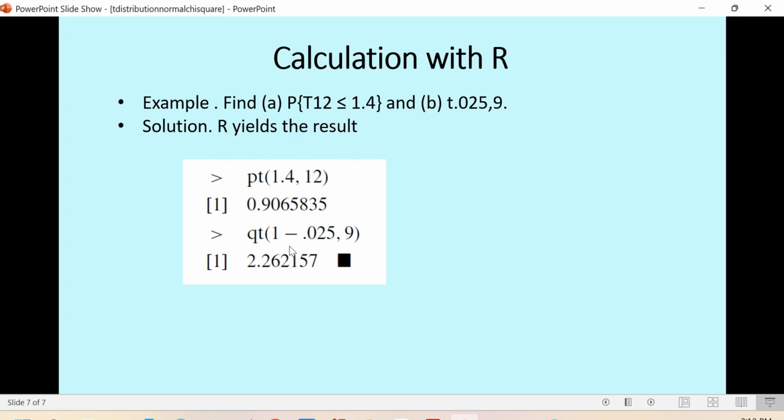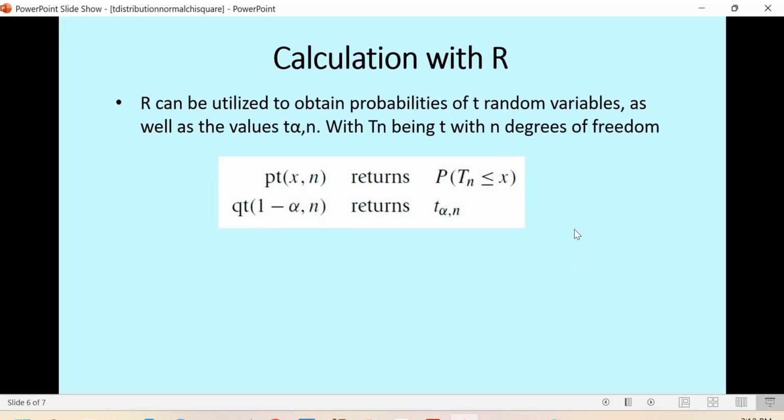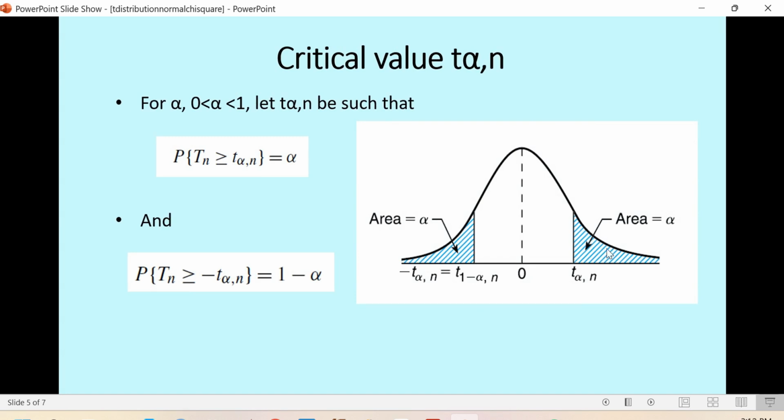So the input is 1 minus 0.025 with 9 degrees of freedom. The result of qt is about 2.26. So we know alpha is 0.025, and this value is about 2.26, and this curve is a t distribution with 9 degrees of freedom.